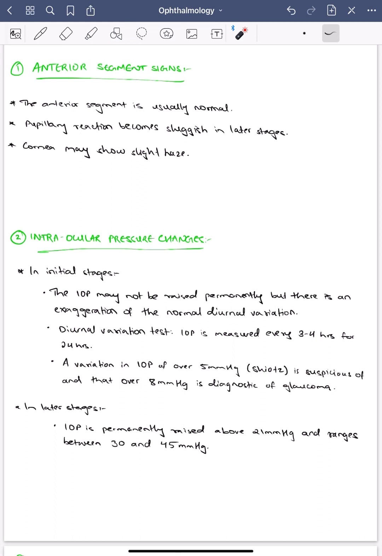So these are the first two signs: anterior segment signs and intraocular pressure changes. Remember, anterior segment signs are usually normal and reveal an open angle in the anterior chamber.